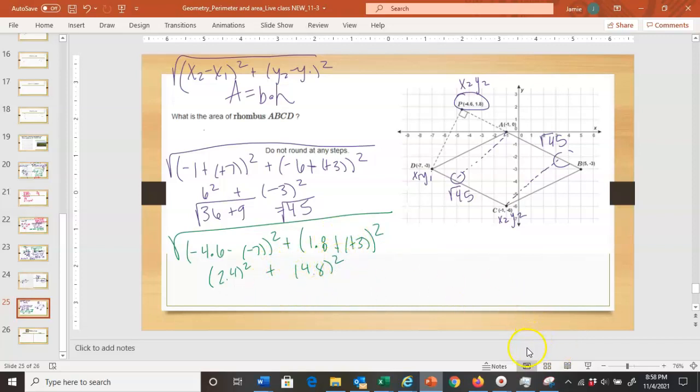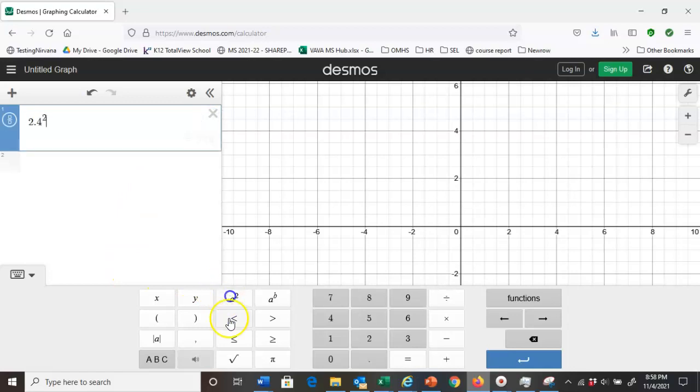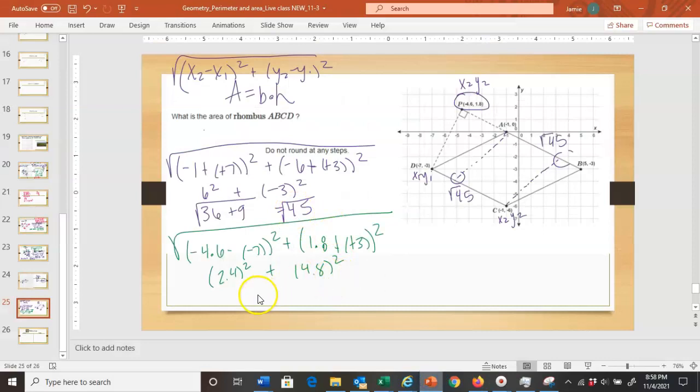All right, 2.4 squared plus 4.8 squared. All right, 28.8. Okay, there's our height. Now, what are we trying to find?